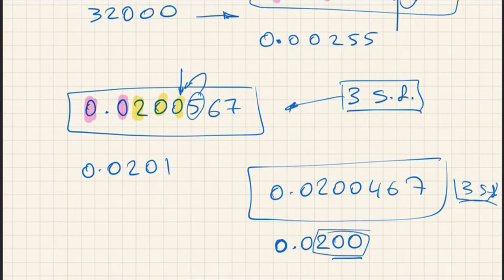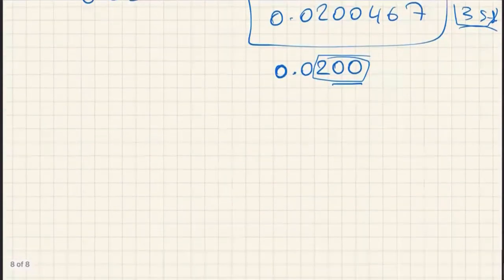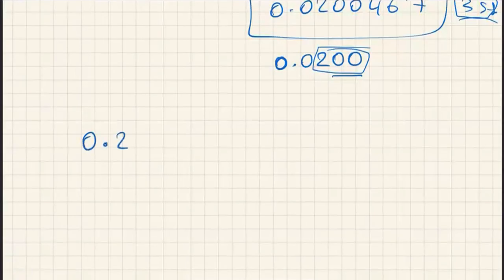Like if I tell you 0.2046, and I want you to approximate this to 2 decimal places, not significant figures, decimal places. For decimal places there is no significance; if it is 0, it will be counted also. So this is the first decimal place, this is the second decimal place.